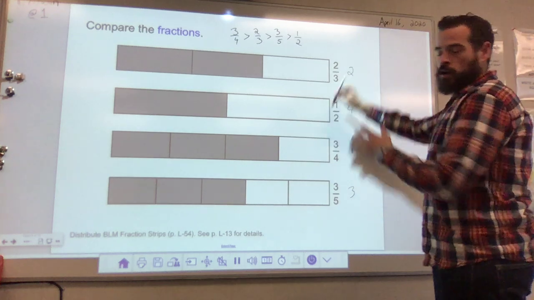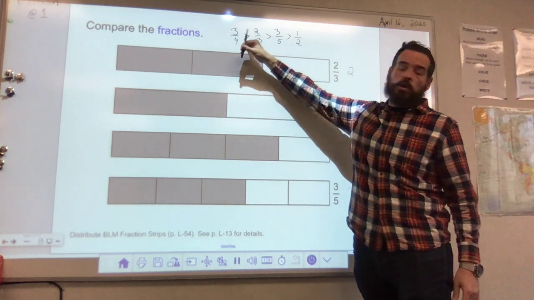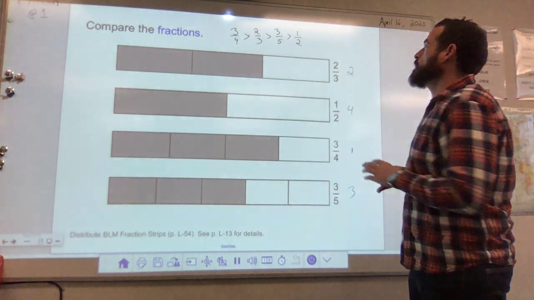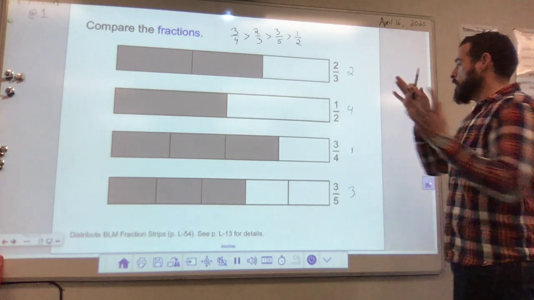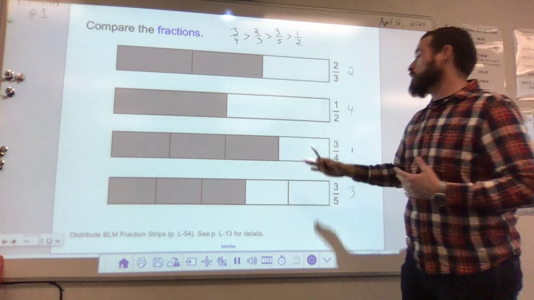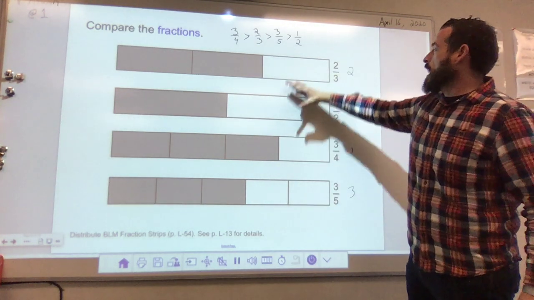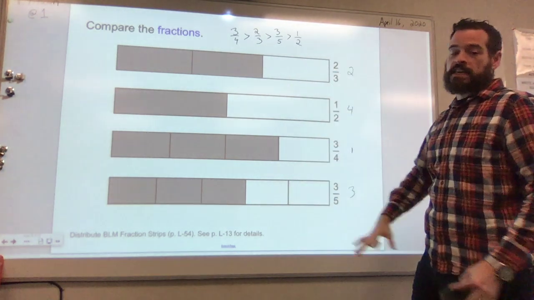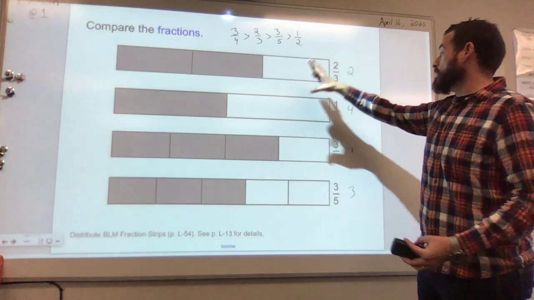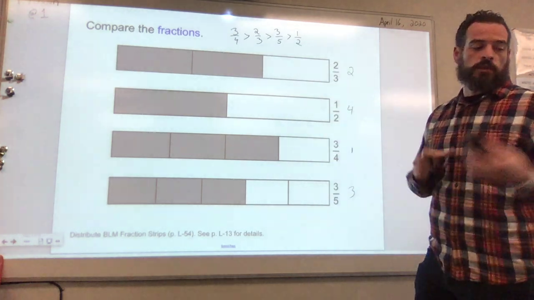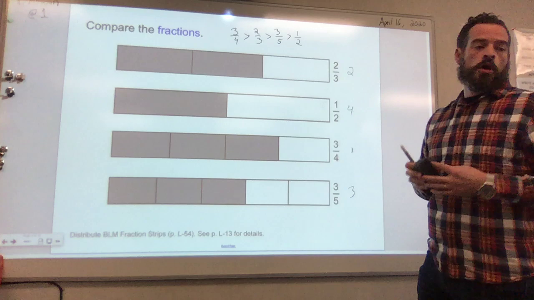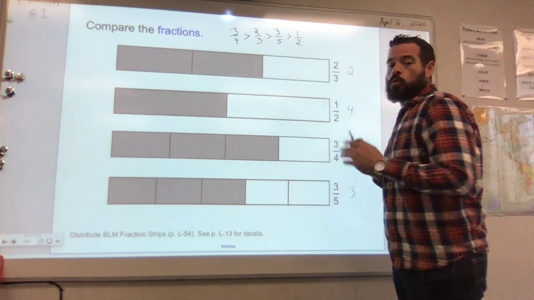So we've compared all the fractions, we've ordered them, we're using our greater than signs. If you're being asked to compare fractions like that, that's a way you can do it. And when you have your fraction strips, it makes it pretty easy to visually see which one is bigger, which one has a larger percentage of the whole shaded.